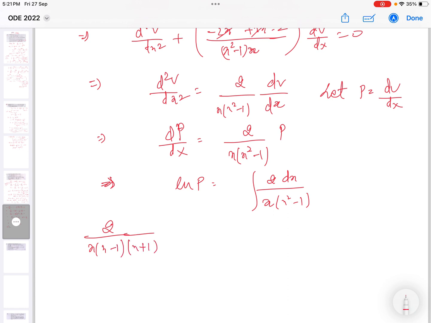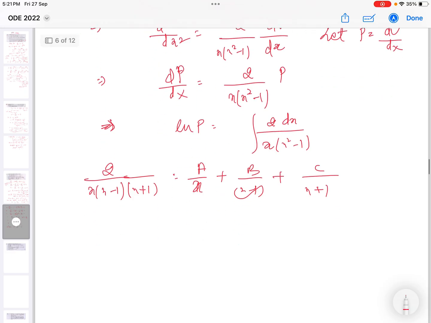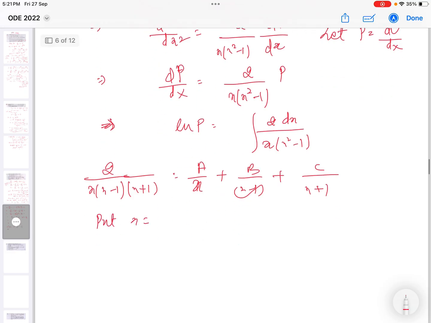a by x, b upon x minus 1, c upon x plus 1. So in order to get a, put x equals to 0. A would be, you will be getting minus 1. Put x equals to 1, b would be nothing but 1. I think we are done, no? Sorry.